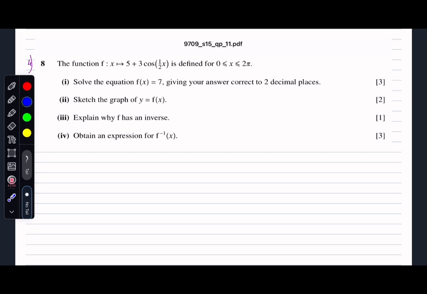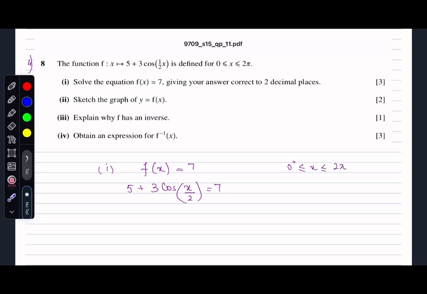So f(x) = 7, solving part 1, meaning I should be equating 5 + 3 cos(x/2) to 7 here. To solve the equation, I have been given the domain which is 0 degrees ≤ x ≤ 2π.